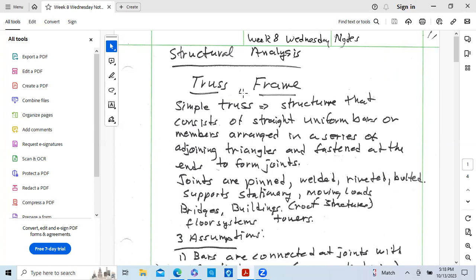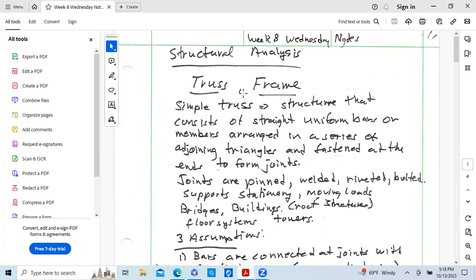A simple truss is a structure that behaves with straight uniform members arranged in a series of joining triangles and fastened at the ends to form joints.